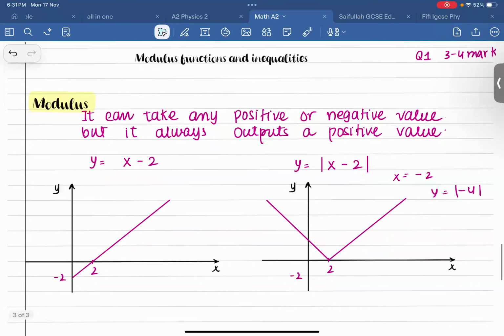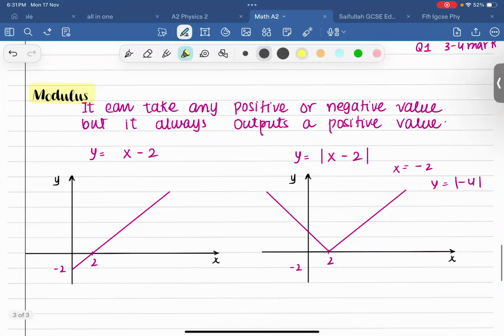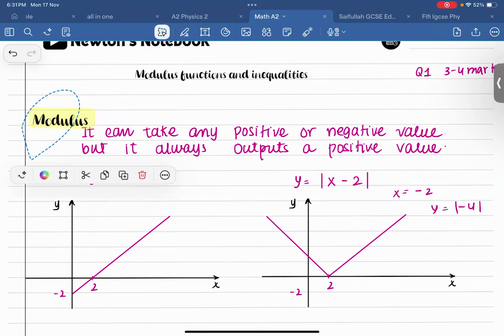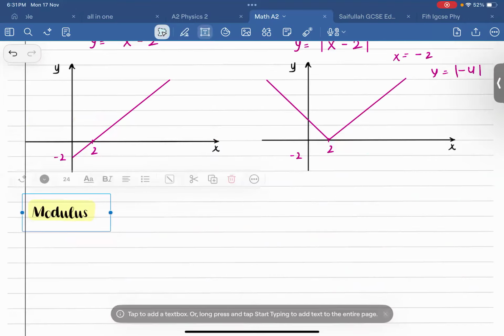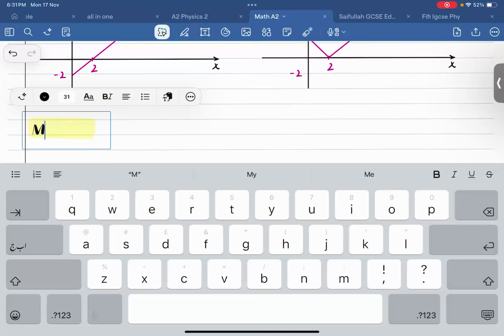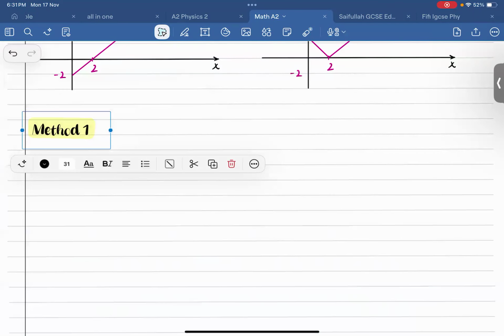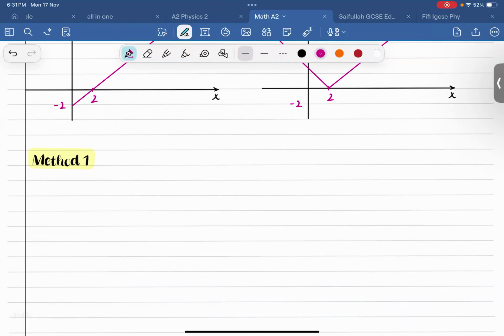So the first method to solve the modulus function, method one, is to replace the modulus with a square, on both sides.